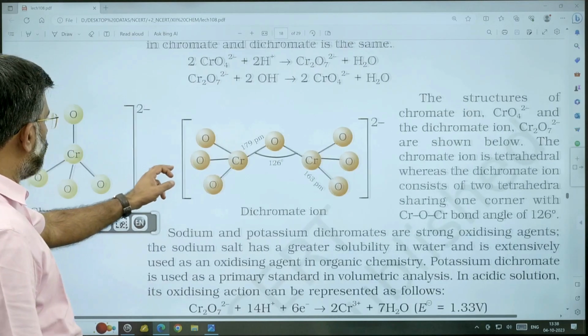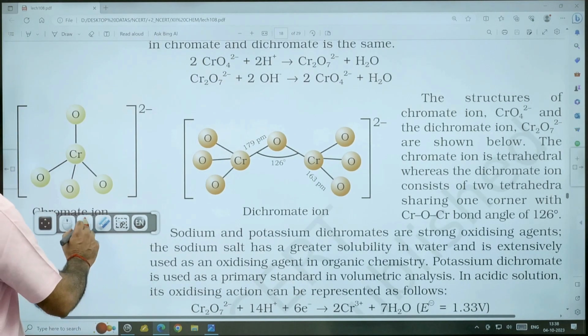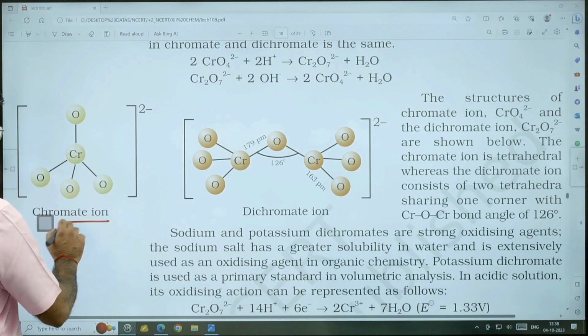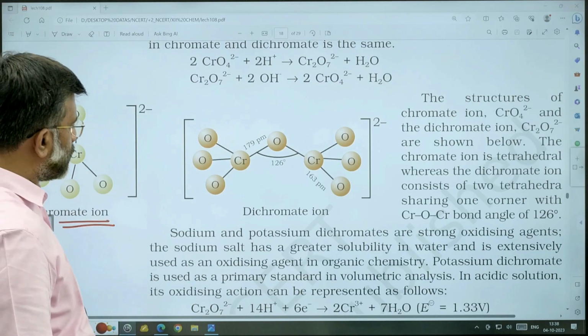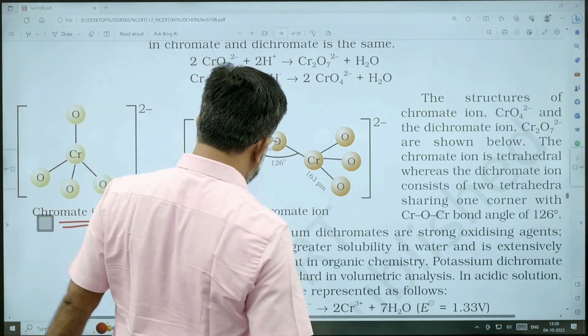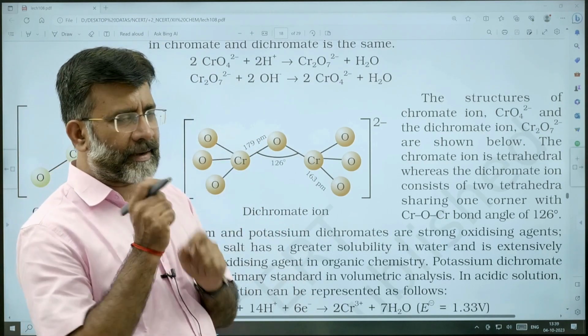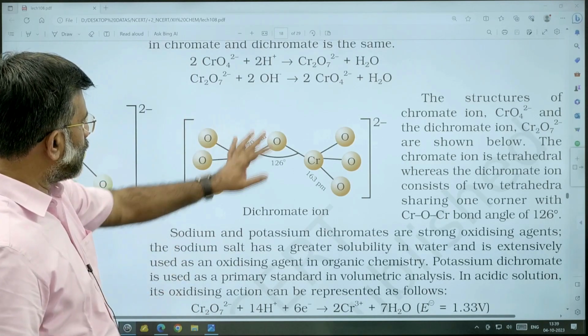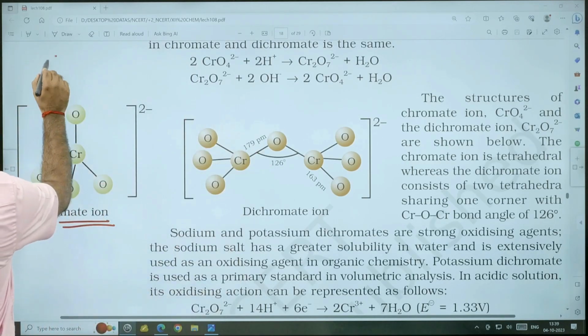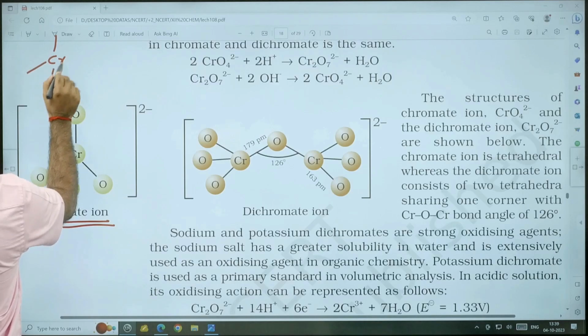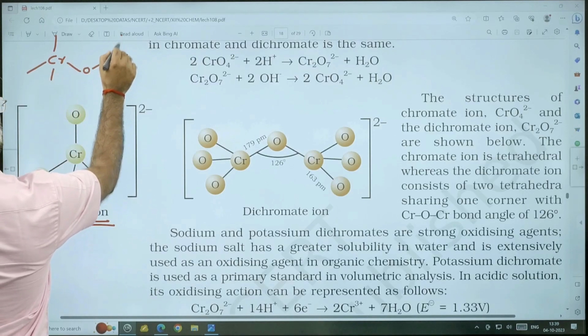Chromate is a yellow colored tetrahedral system. This is chromate, and this is dichromate. It is dichromate, two tetrahedra connected. It can be understood like this, or like this. Two tetrahedra connected like this.